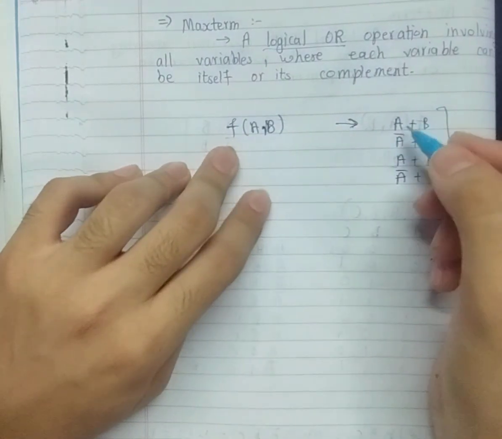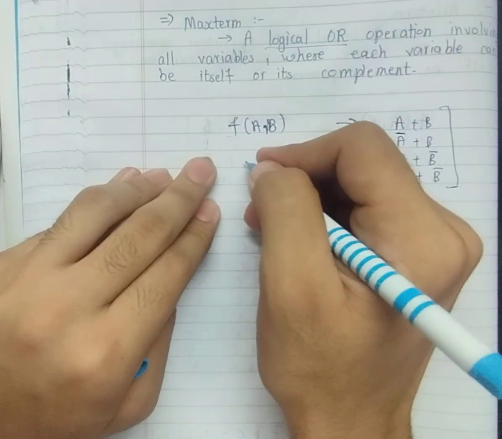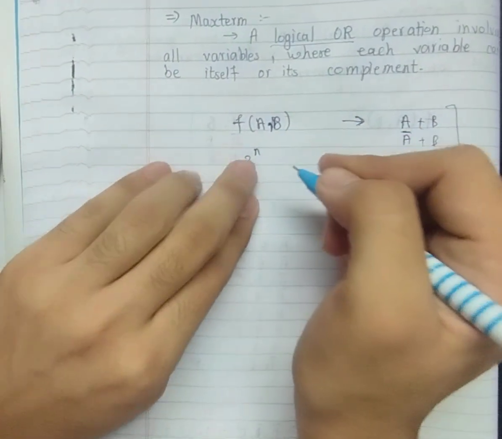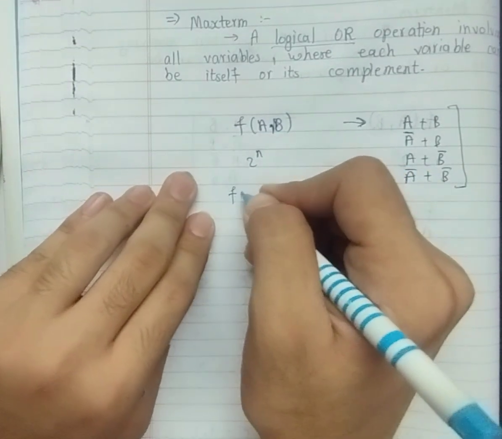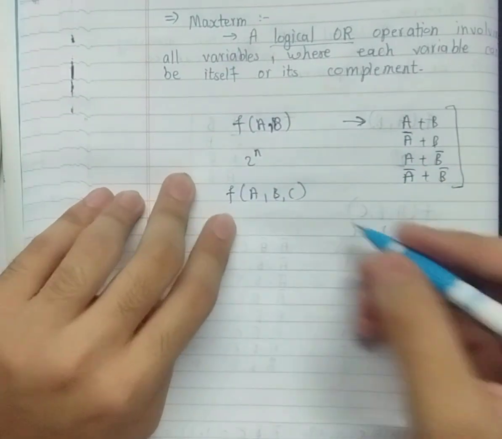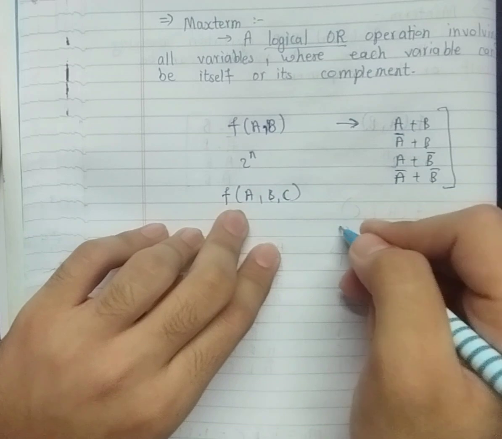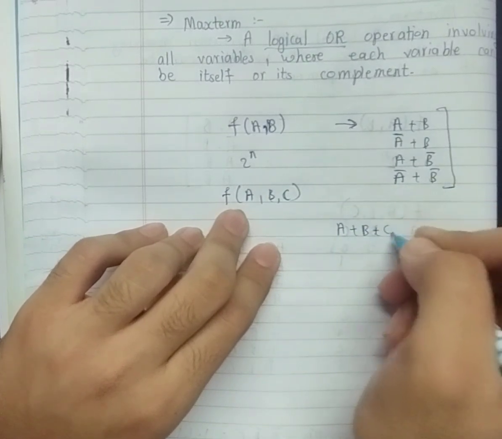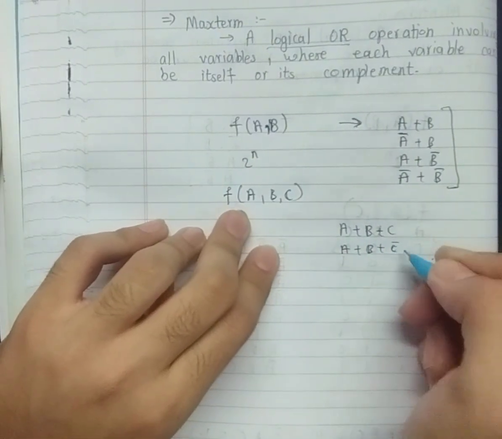And again there are two possibilities for each variable, and for n variables it will be 2 raised to n max terms possible for an n variable function. Now we will again take a function of three variables a comma b comma c, and the max terms of this function will be a plus b plus c, a plus b plus c complement, and so on. We will use the same trick as before.